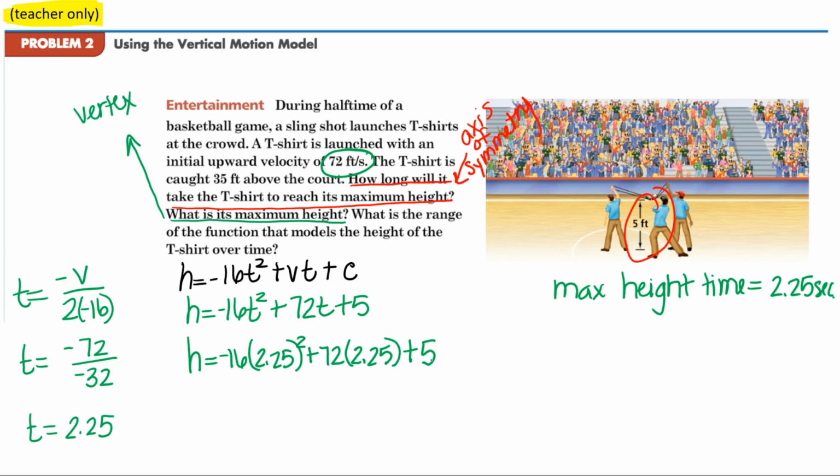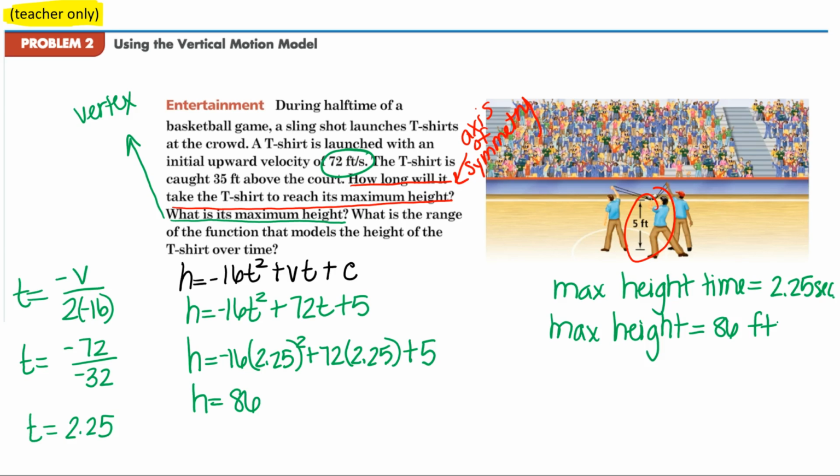What is negative 16 times 2.25 squared plus 72 times 2.25 plus 5? 86. So if h equals 86, that means my maximum height is 86 feet. So really the coordinates of my vertex are 2.25, 86. That's what those two values are.